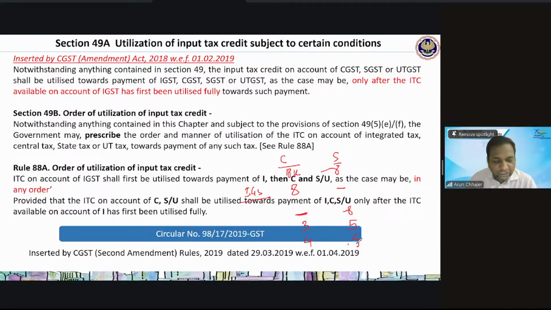The word proportion has been added by Circular 98. Is that clarified? Is that clear to all?